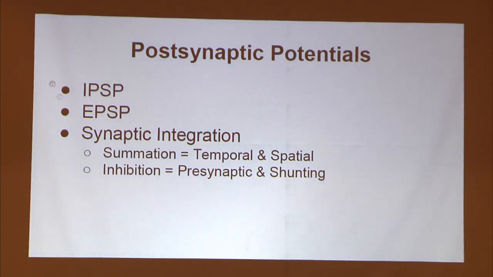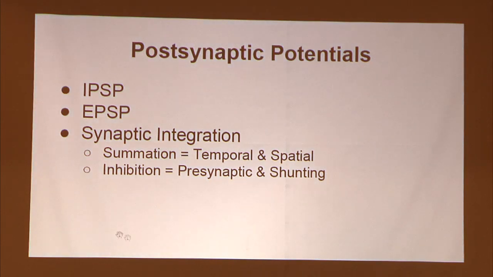Then with these EPSPs and IPSPs, we have synaptic integration. Things that are near each other would be spatial. So two neurons sending neurotransmitters to one other neuron would be summed. If they had EPSPs, they would sum into something bigger. Or if one neuron is firing really fast, that would be temporal, because of the rate it's firing, and that would summate as well.